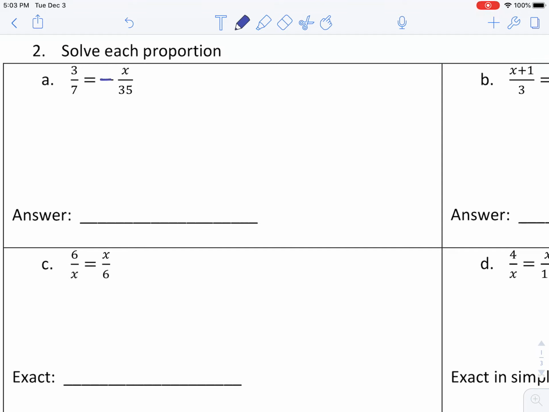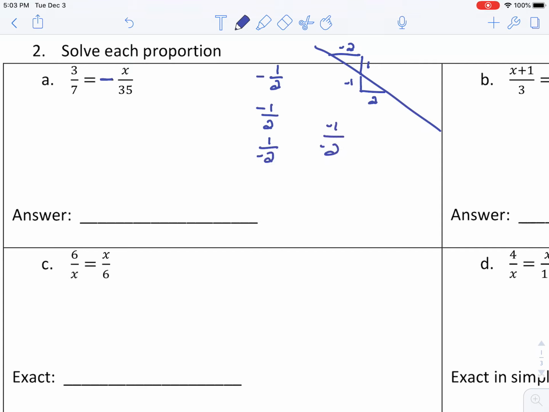The main issue that comes up is this negative. Think of a slope. If we had a line with a slope of negative 1/2, we want the line to be going downward, which means you could go down 1 and right 2, or you could have gone up 1 and left 2. Meaning that negative could have been with the 1, or it could have been with the 2.